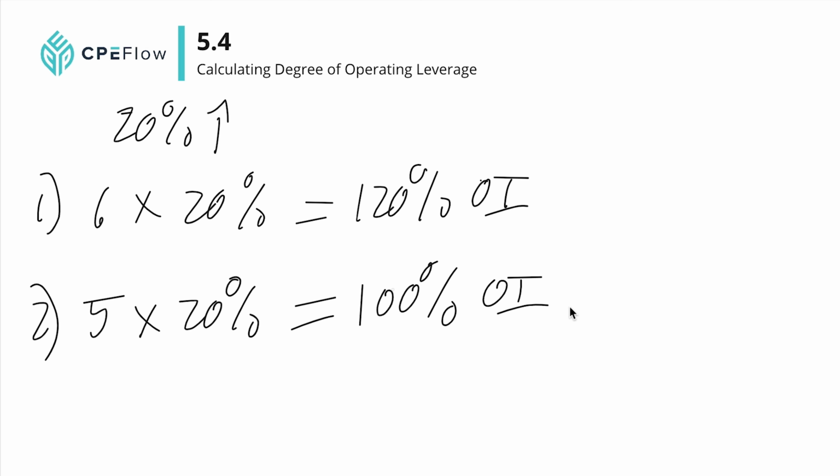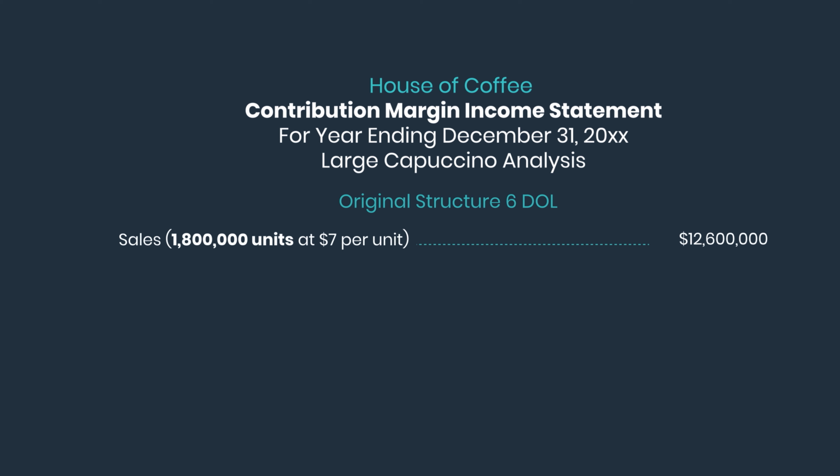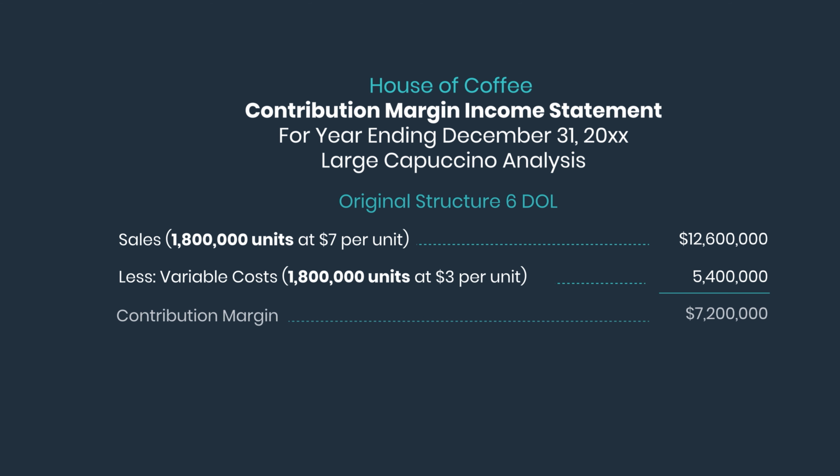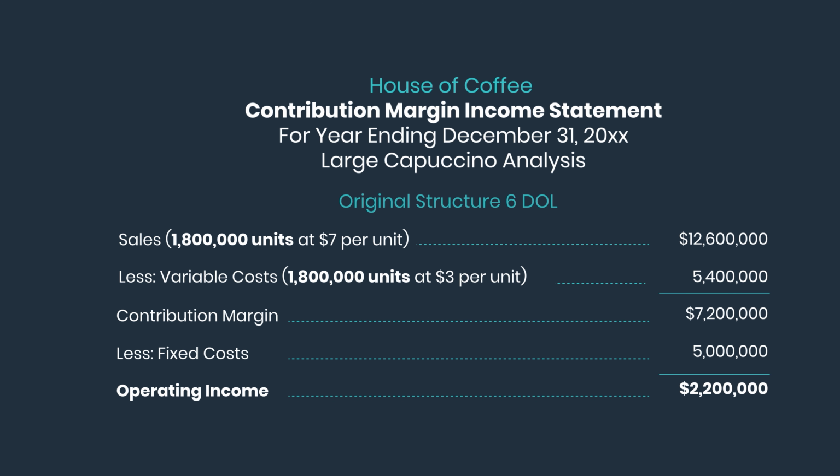In other words, under the original cost structure, if House of Coffee sold 1.8 million large cappuccinos instead of the 1.5 million, their operating income would increase from $1 million to $2.2 million. That's a 120% increase.